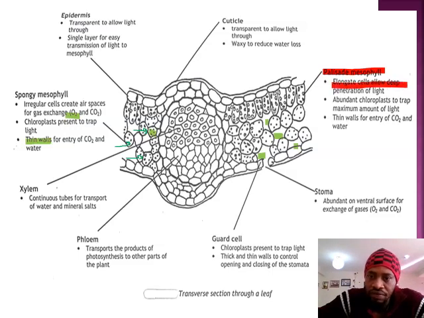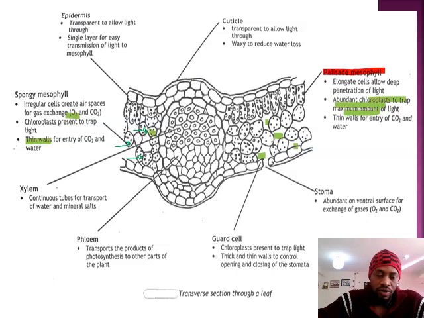And the palisade mesophyll cells have a high number of chloroplasts. So they contain an abundant number of chloroplasts, so that they can trap the maximum amount of light. The more chloroplasts, the more light trapped, the more energy available to drive photosynthesis.